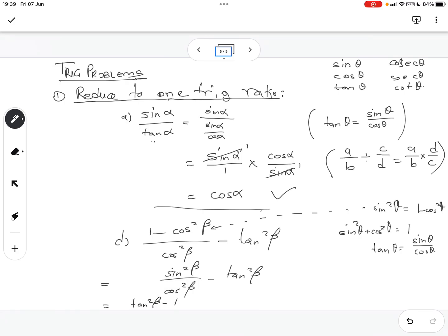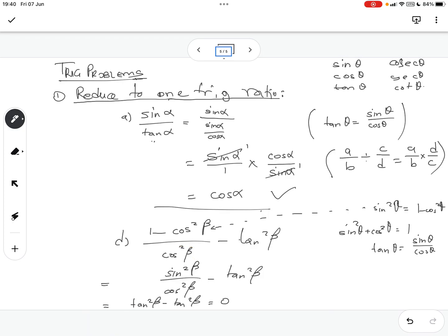And this tells us that this is tan squared beta minus tan squared beta, and that gives us 0. Interestingly enough. So we get 0 here.